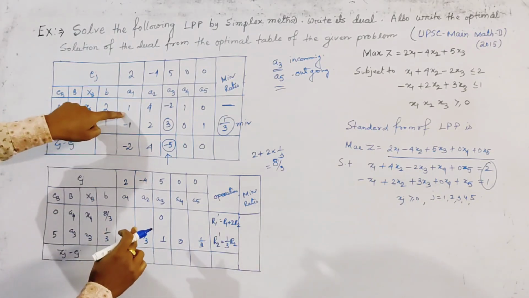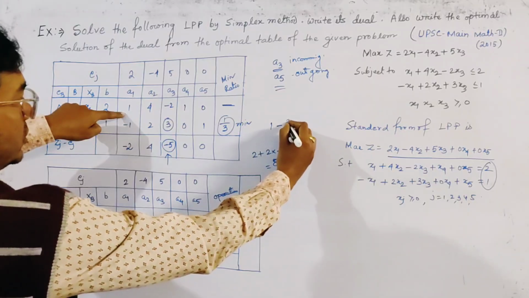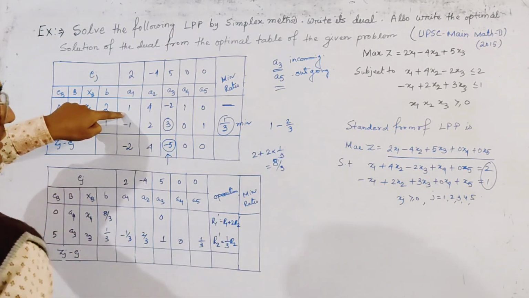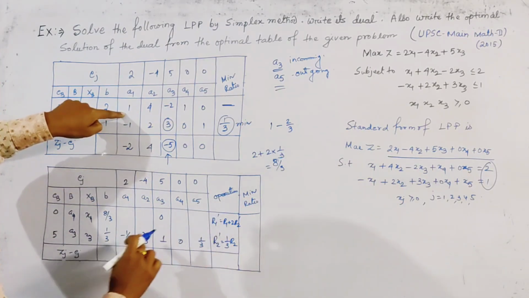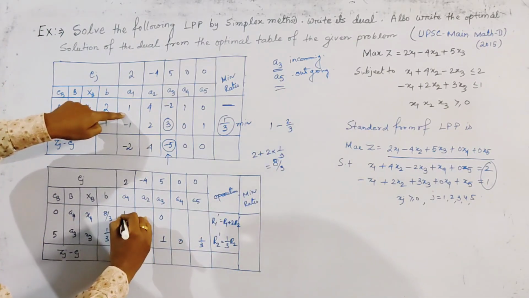Now this element is given by 1 minus 2 by 3, because we multiply with 2, so this is 2 by 3, and this is given by 1 by 3.